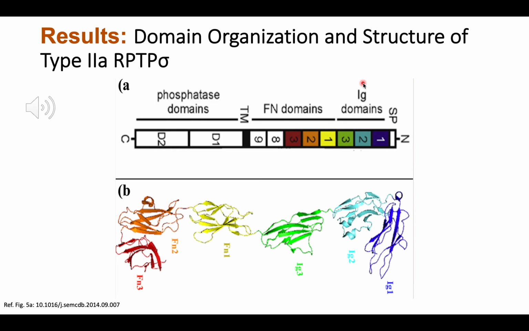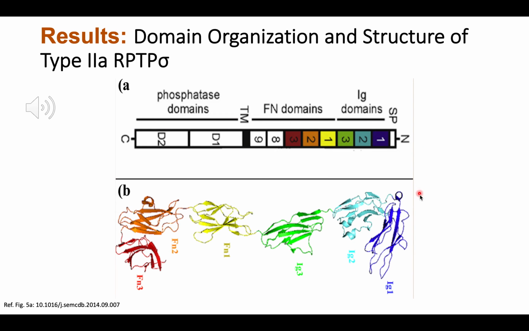Looking at figure A, we can see that the receptor is composed of an extracellular region that contains 3 Ig domains and 9 Fn repeats, and then a single transmembrane helix followed by a tandem intracellular phosphatase domain that is monomeric in solution. And the variation of type 2A RPTPs is generated via alternative splicing, specifically within the ectodomain.